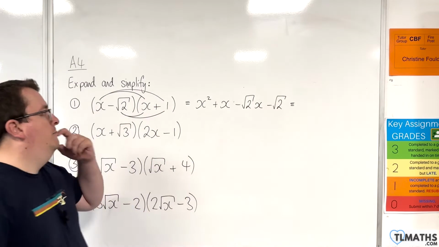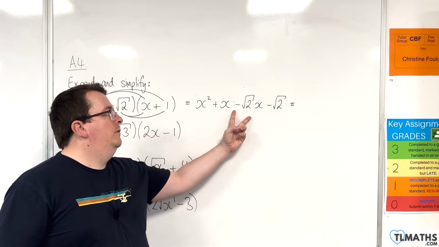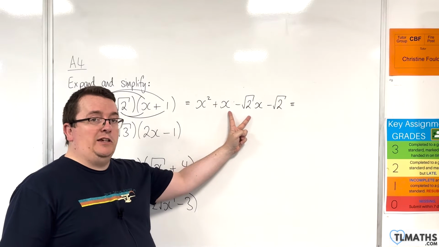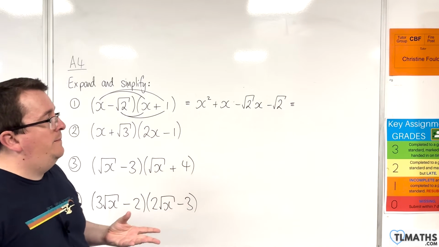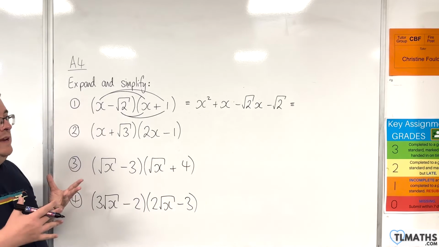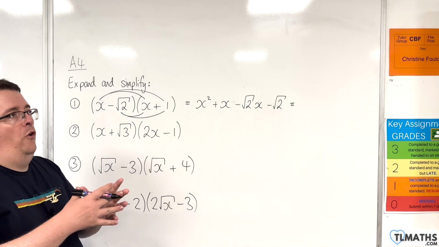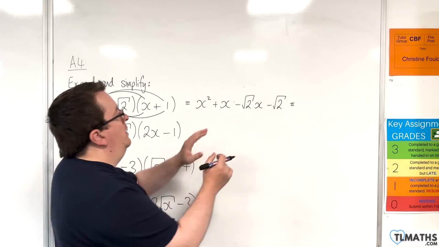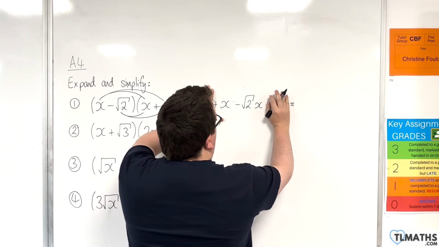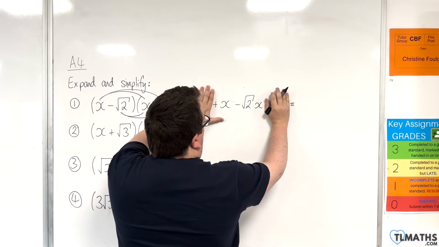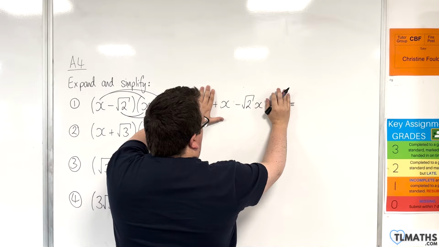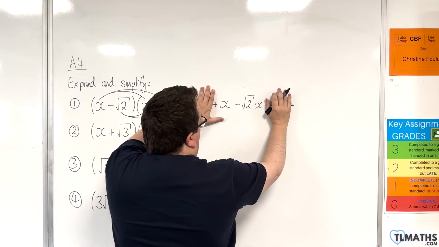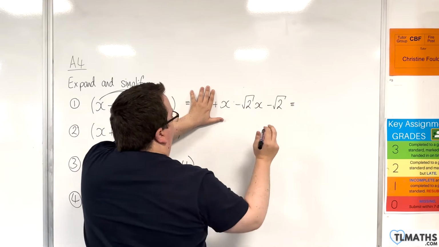Now, you may want to combine these two terms, these like terms together, and the way to do that, as I was showing in the previous video, was to factorize. So those two elements there we can ignore, and we just factorize these two terms. They both have a common factor of x, so you can pull that out of a single bracket.